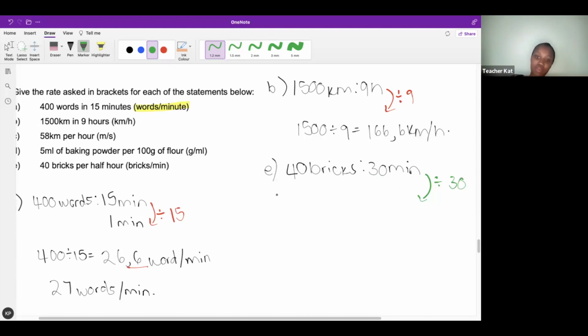So what's 40 divided by 30? 1.33 bricks per minute. Can I have 0.33 of a brick? No, so then we make it 1 brick per minute.